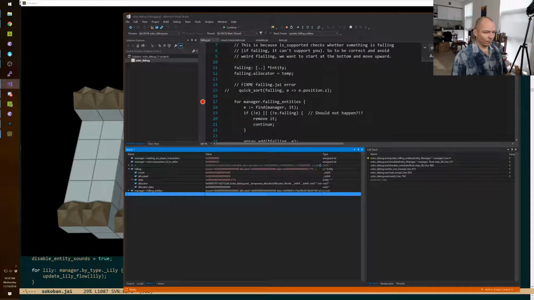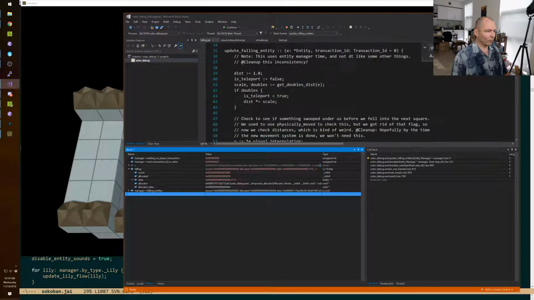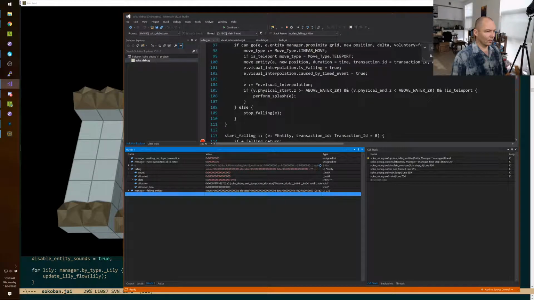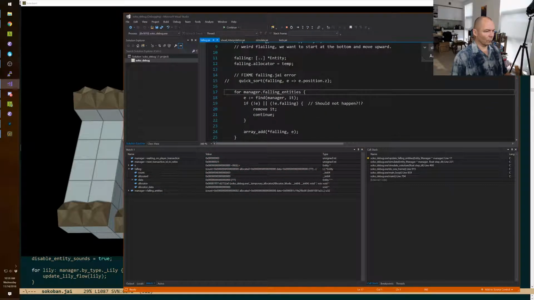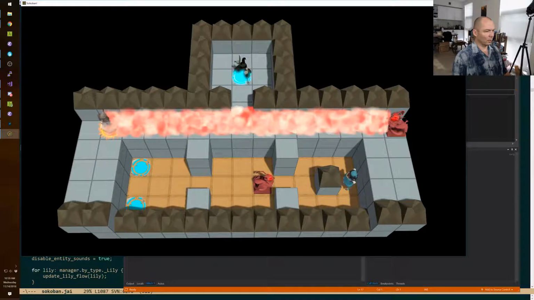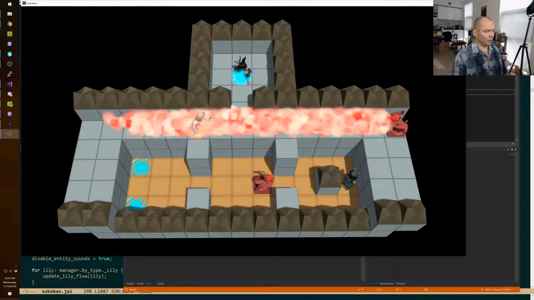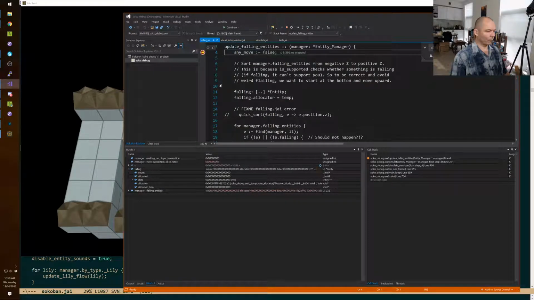All right. We're going to reset the level and break at start falling. Okay. We still have 2 falling entities.